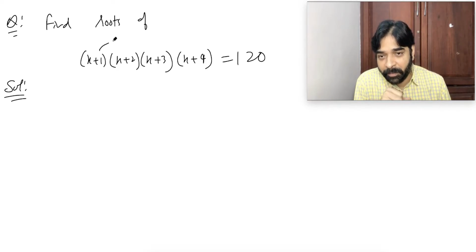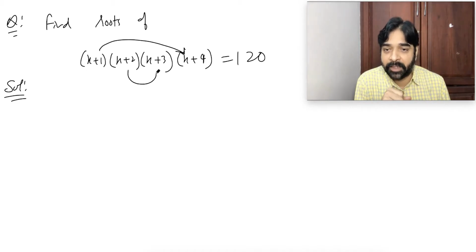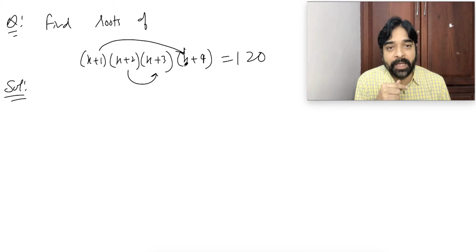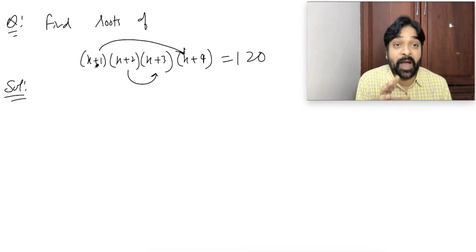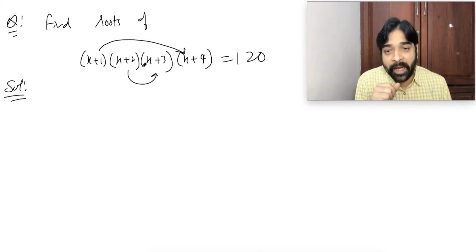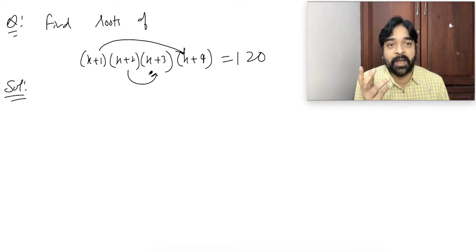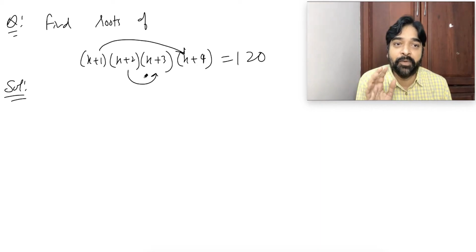But if I multiply these two and these two, you will get x square plus 5x plus constant, and here also x square plus 5x plus constant. Then x square plus 5x I can take as a new variable. Question done.